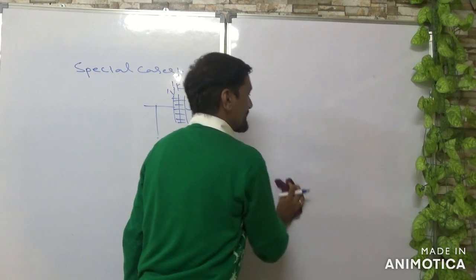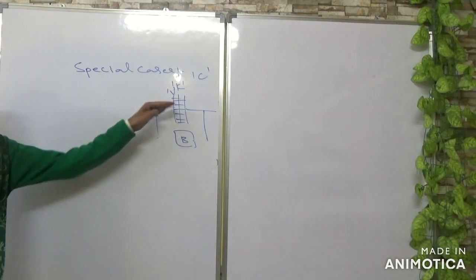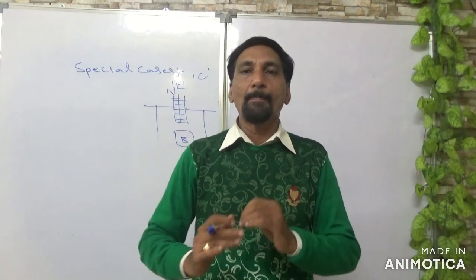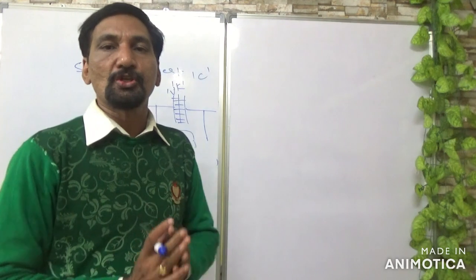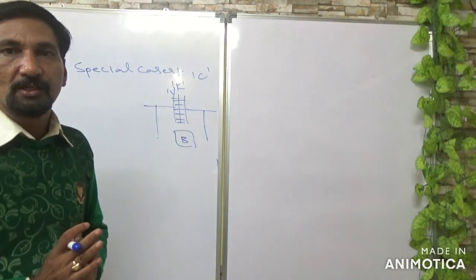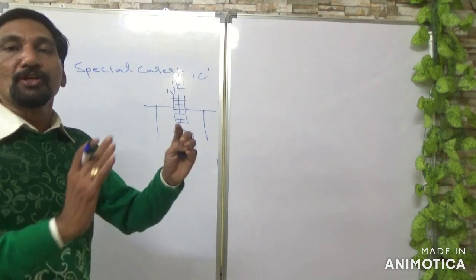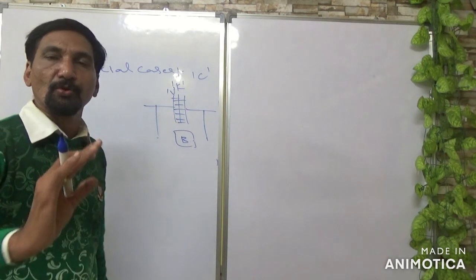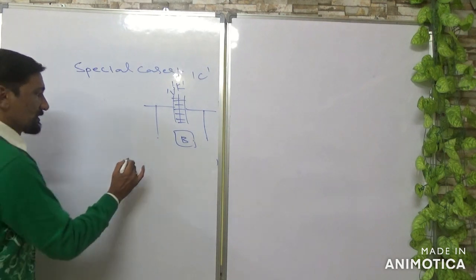So whenever you disconnect from a battery, it stops charging, right? That means Q remains the same. In the earlier case the potential difference remained the same, but in this case the charge remains the same.